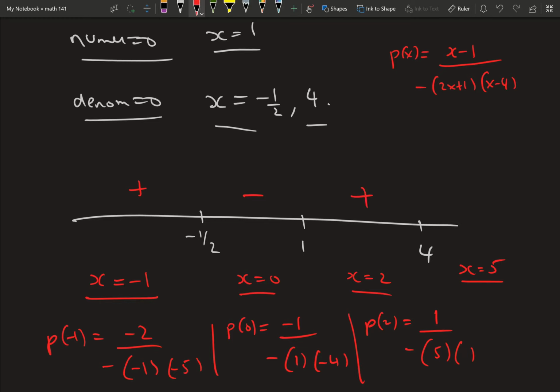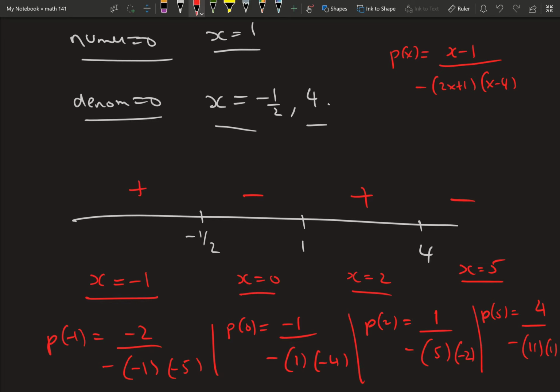This number is 2 minus 4, which is -2. So we're going to have 2 negatives. It's a positive. And finally here, when we plug in 5, we're going to get 4 on the top, and then a negative 11, and then a 1 here. So overall, we have a negative sign.